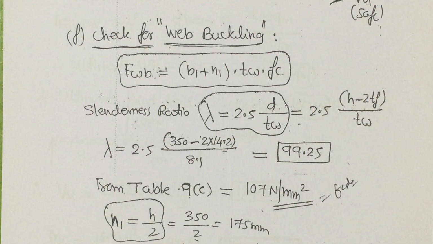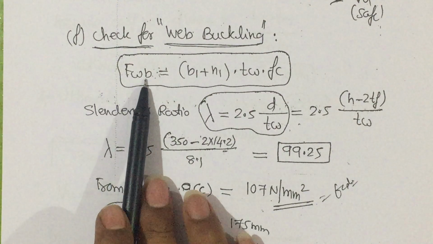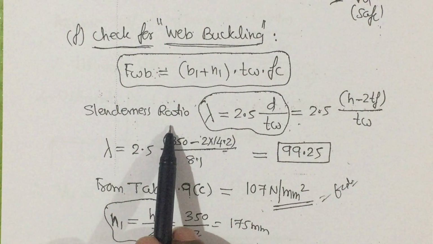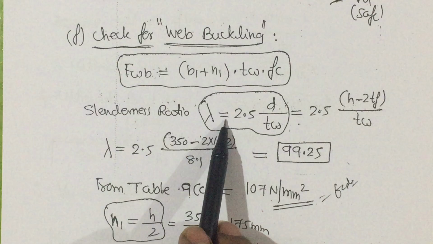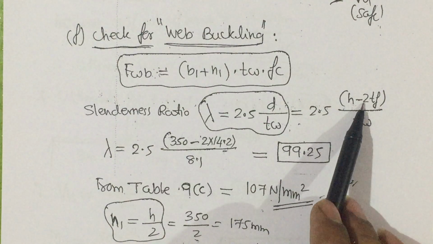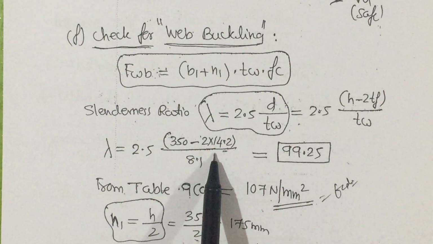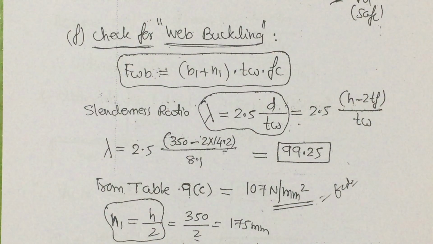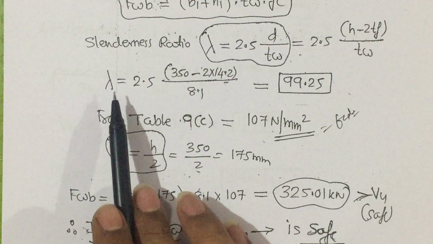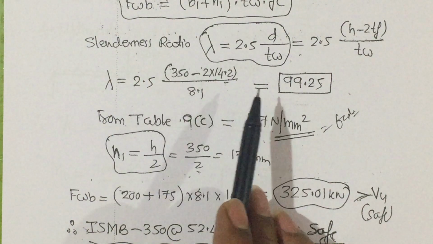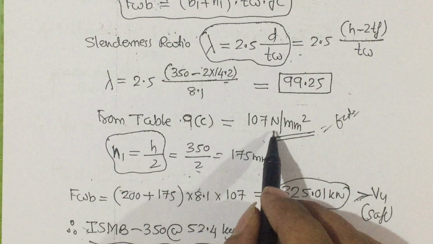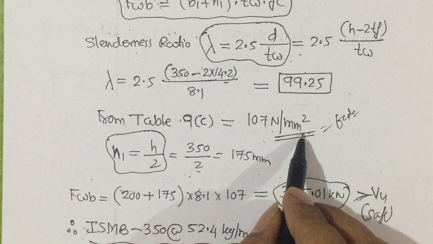Then check for web buckling. It is given by the formula Fwb is equal to (b1 plus n1) into tw into fc. The slenderness ratio lambda is given by the formula 2.5 into d by tw, where the depth of the web is given by h minus 2 tf. Substitute the values and you will get 99.25. From table 9c of page 42, with respect to the lambda value and Fy equal to 250, you get the fcd value. This is fc or fcd, 107 Newton per mm square.